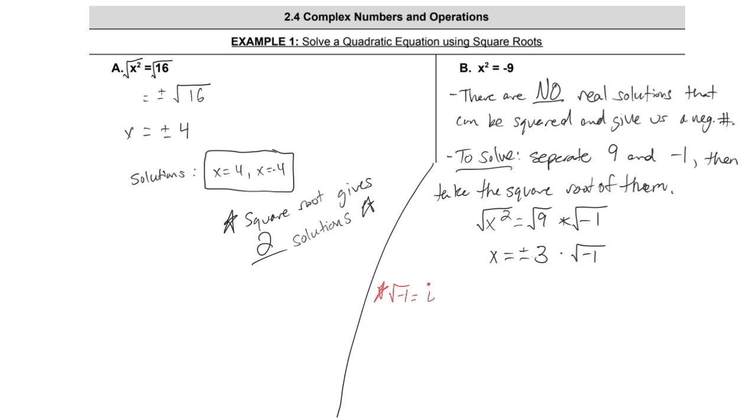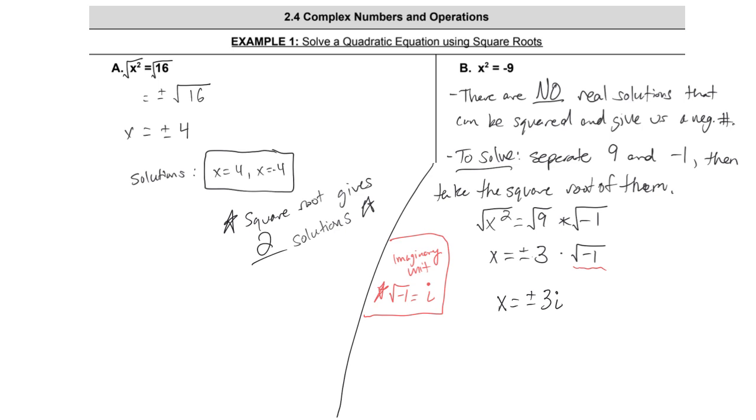We're going to put an i there. i stands for the imaginary unit. So our solution is x equals plus or minus 3 times i, or 3i.